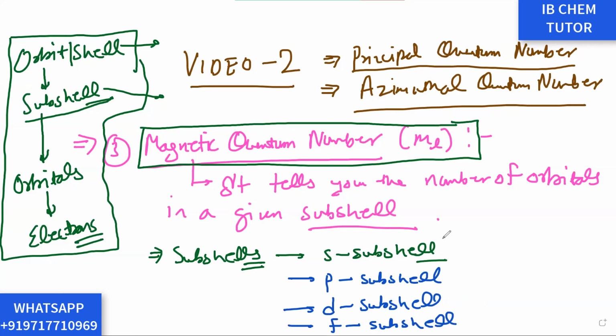Okay. So now the question is how many orbitals will there be in the S subshell? Same thing for P subshell, then for D, and then for F. How many orbitals you have in a particular subshell can be known with the help of the magnetic quantum number. We have a very simple formula to know the number of orbitals in a particular subshell.